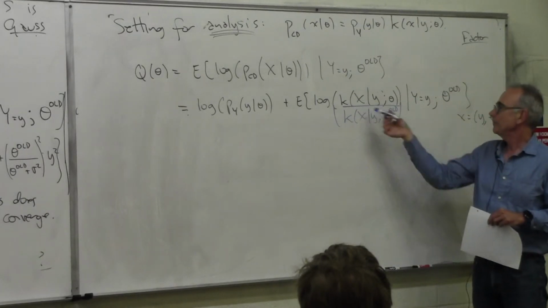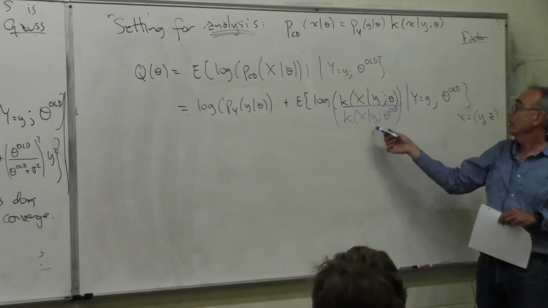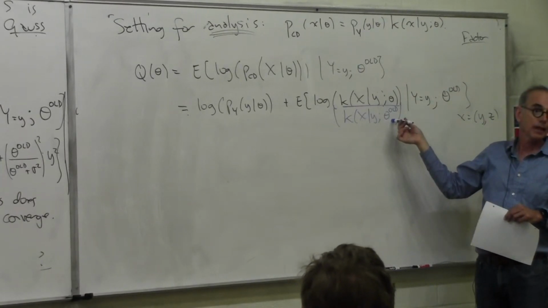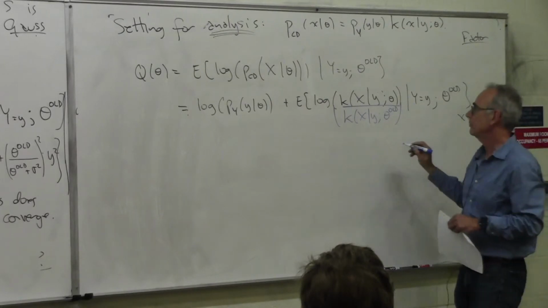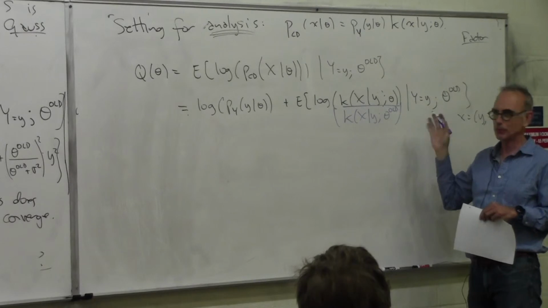I'm going to divide by this kernel, this conditional distribution with the old guy, and of course that's doing damage, so I've got log of 1 over, so I've got to add on this to redo things.